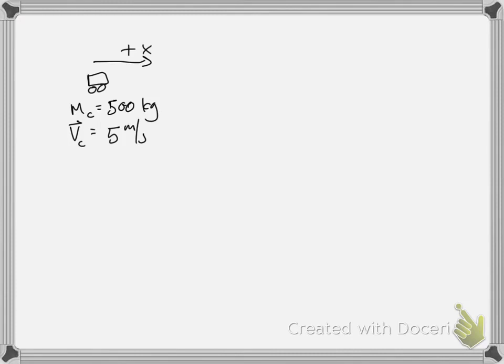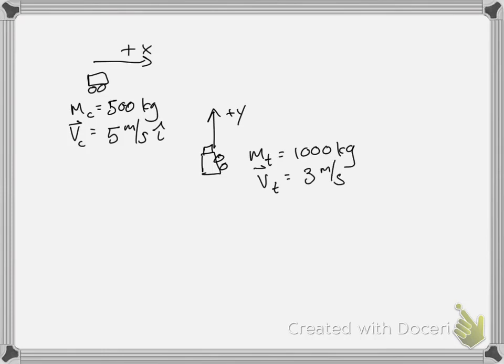Now let's take a second vehicle and do a top view, and say that this vehicle is going in the plus y direction. And let's make this a truck. The mass of the truck is 1,000 kilograms, and the velocity of the truck is, let's say it's just rolling through the intersection, 3 meters per second in the y direction.